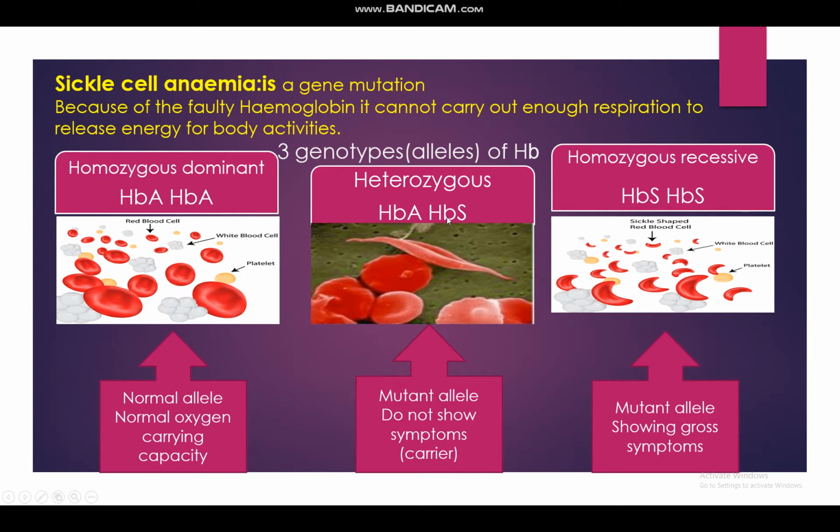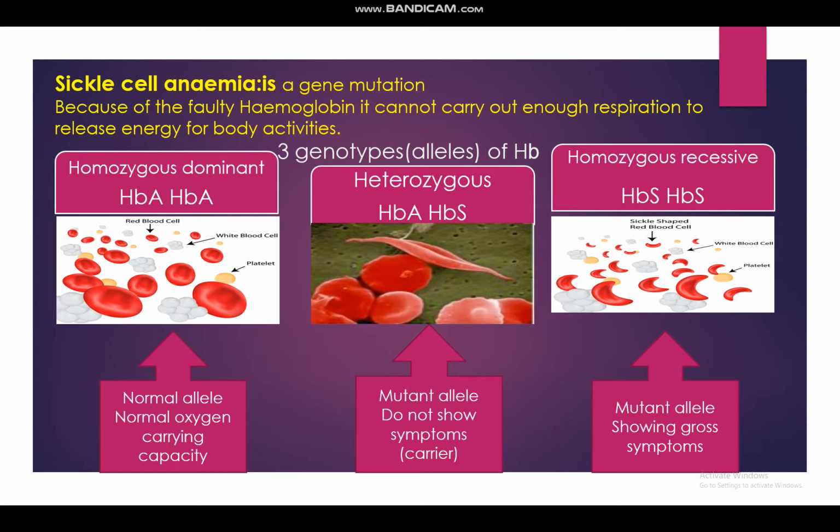The heterozygous genotype is HbA/HbS. It means that some of the cells have normal hemoglobin, and some have sickled hemoglobin, causing sickling of those RBCs. So normal and abnormal hemoglobin coexist in the RBCs, and it is a mutant allele.